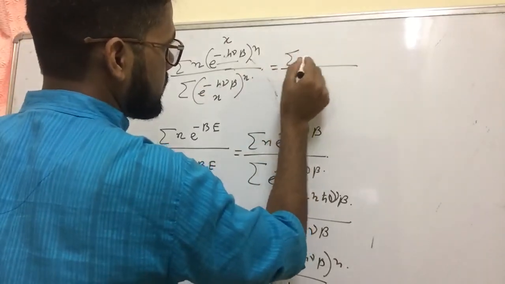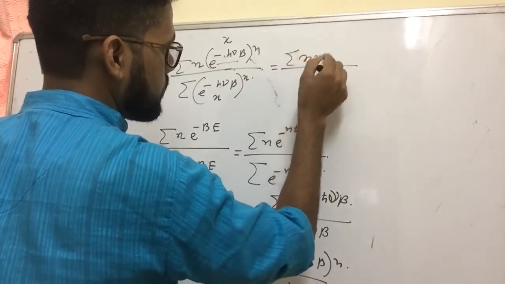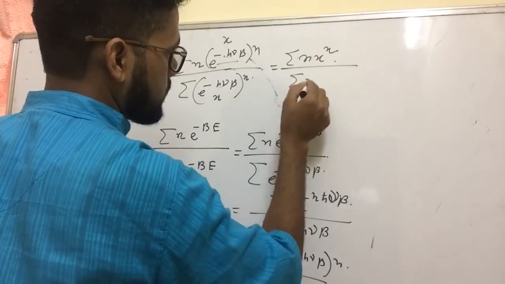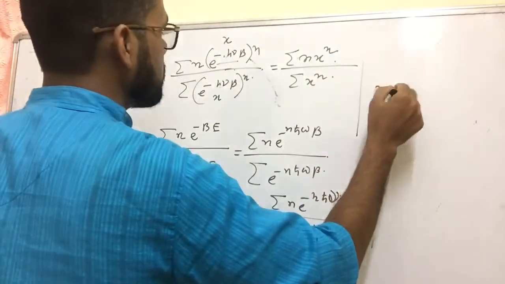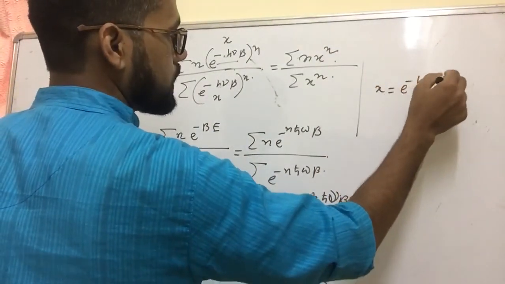If I put this equal to x, then what is the value? This is the sum of n x to the power n, divided by the sum of x to the power n. I am putting x equal to e to the power minus h nu beta.